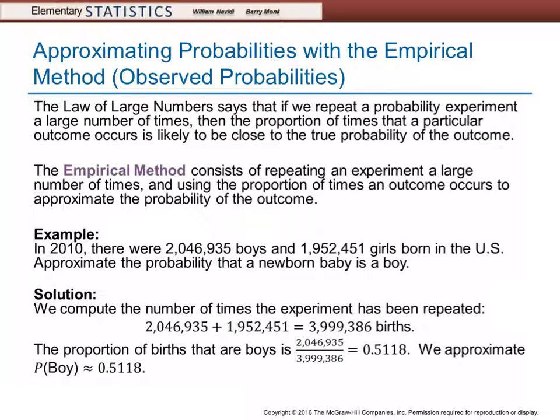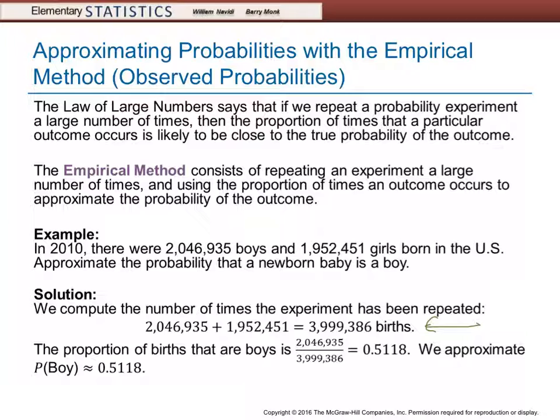For example, in 2010, there were 2,046,935 boys and 1,952,451 girls born in the U.S. Approximate the probability that a newborn baby is a boy. We compute this using the number of times the experiment had been repeated, the number of births. The total number of births was 3,999,386.